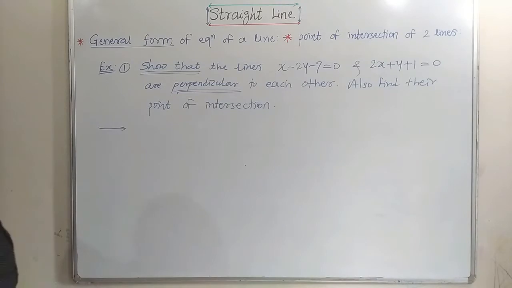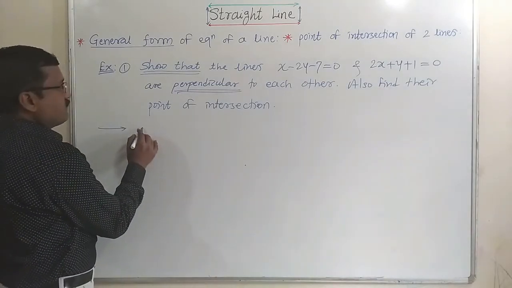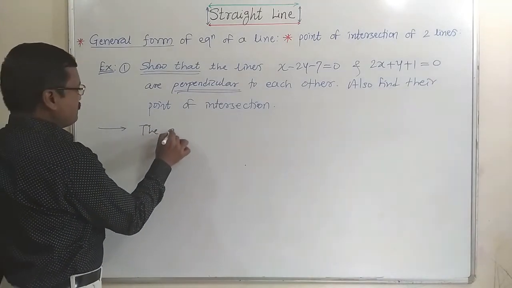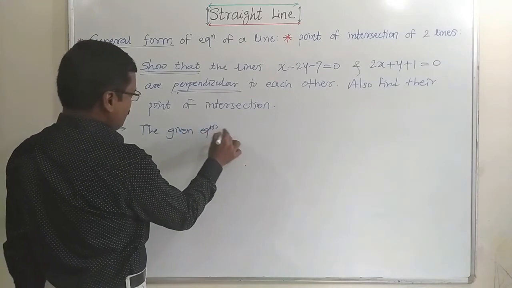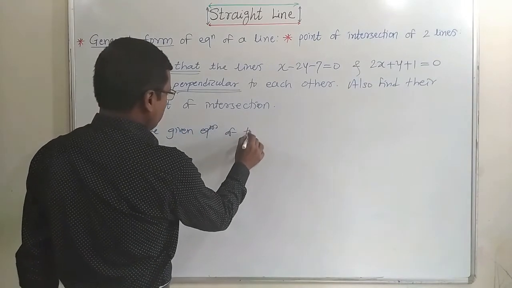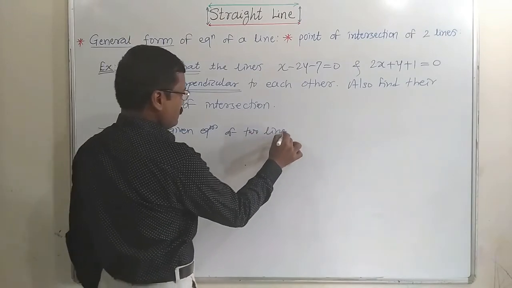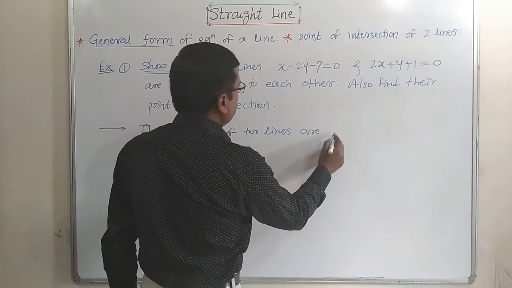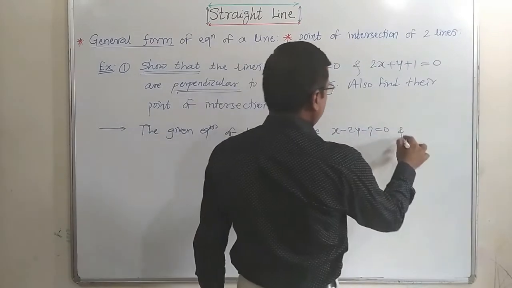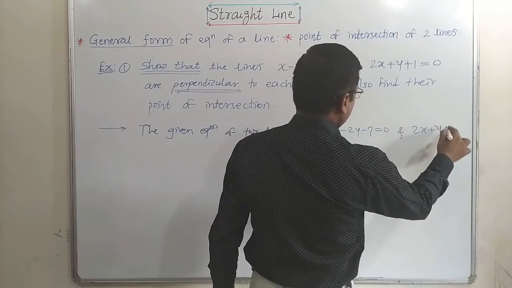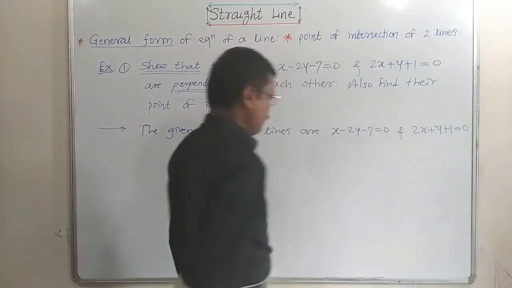You have to find the slopes of those two lines. The given equations of the two lines are x minus 2y minus 7 equal to 0 and 2x plus y plus 1 equal to 0.